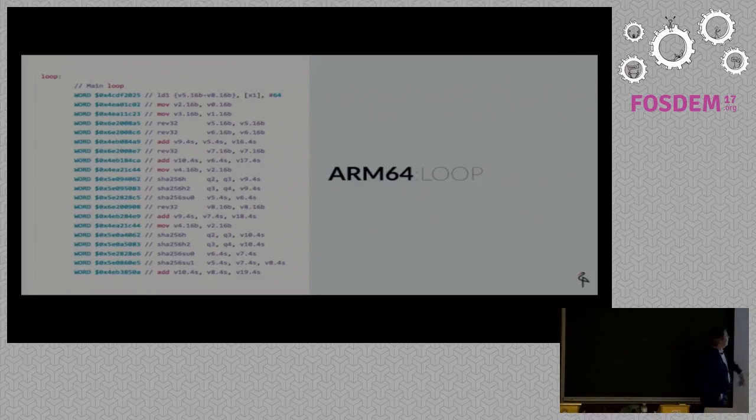And again here, R1, which is X1, is the pointer to the message. So here the values from the message are being read. And there's some positioning code to make sure things are in the right order. And then these are the specialized ARM instructions that give basically the 100 times speedup. And then there's some more shuffling of data around. But because these are specialized instructions, the actual assembly is pretty short.